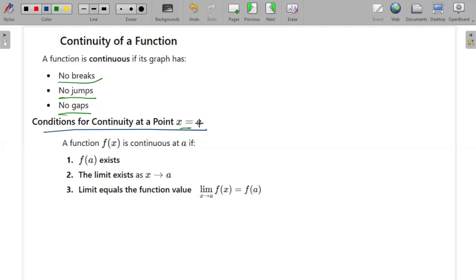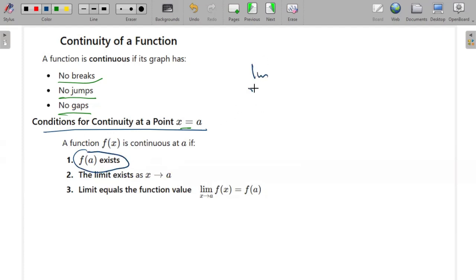That is, here we're saying when x is equal to a. What are those conditions? All three conditions must hold if the function is to be continuous at that point. First of all, the function must be defined at that point, it must exist.